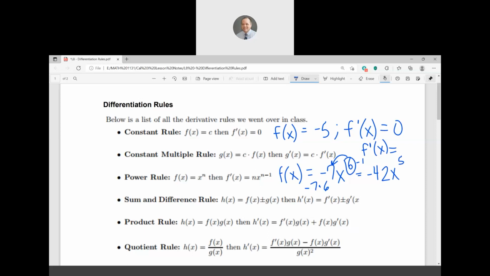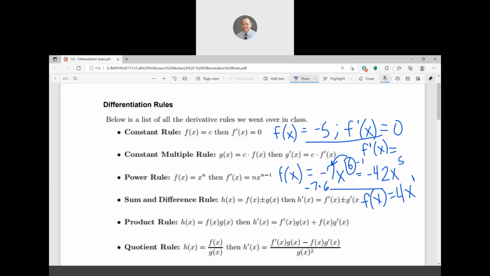Let's look at another example. Given f of x is equal to 4x, we need to find the first derivative, or f prime. There's no exponent, but it's assumed to be to the first power.